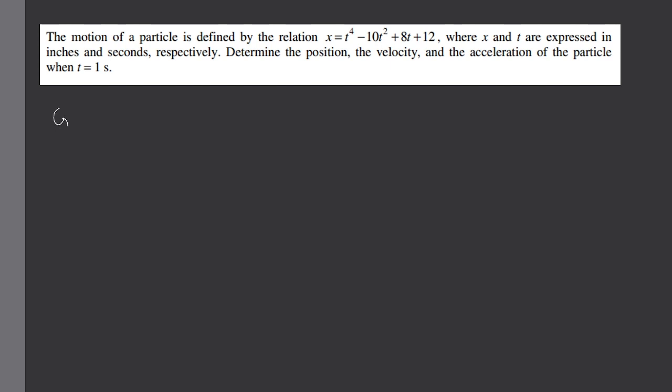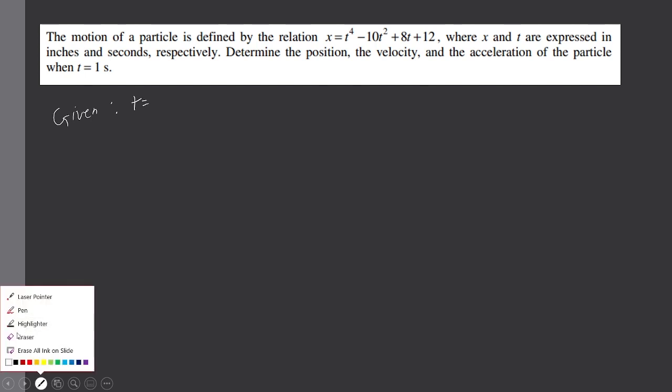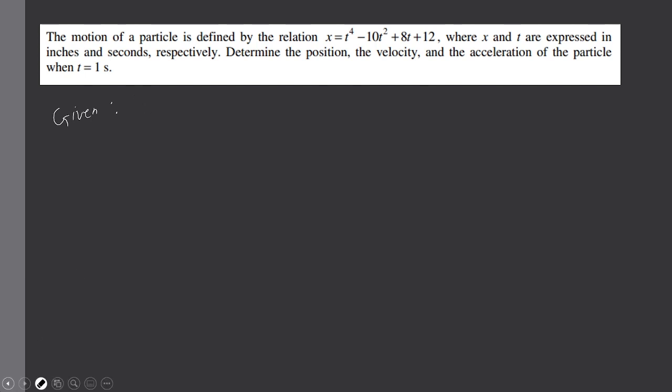So given x is equal to t to the 4th minus 10t squared plus 8t plus 12 at t equal to 1 second.